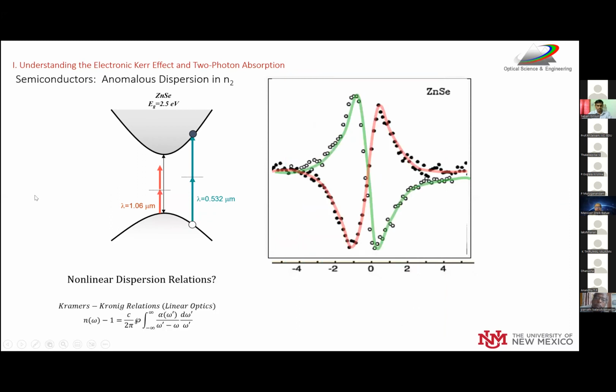So that led us to believe that there must be some dispersion relation, very similar to the Kramers-Kronig relationship in linear optics that relates the refractive index to absorption; there should be a nonlinear Kramers-Kronig relationship between these. Of course, there was a lot in the literature, but I'm going to skip the details.